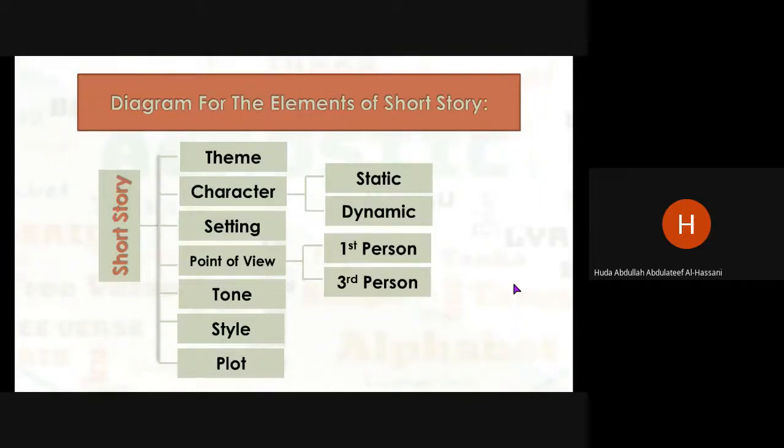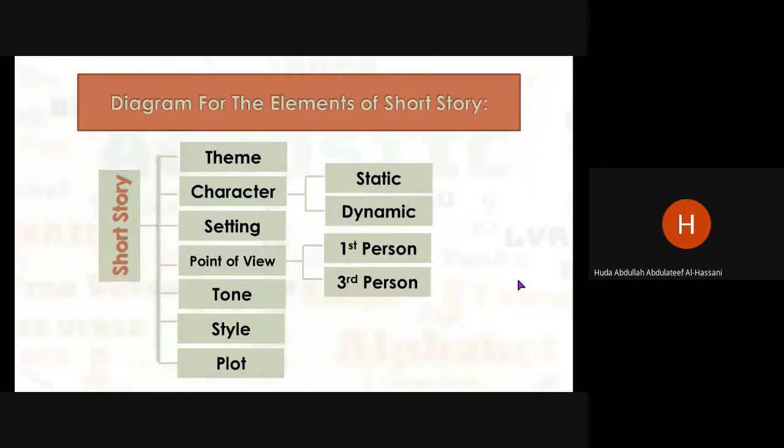Actually, guys, I added something important, which is a plot. It is not there in your handout, but I added it. Actually, plot should be there in any literary work, in the novel, in the novella, in the short story, and in a drama. We should have a plot.